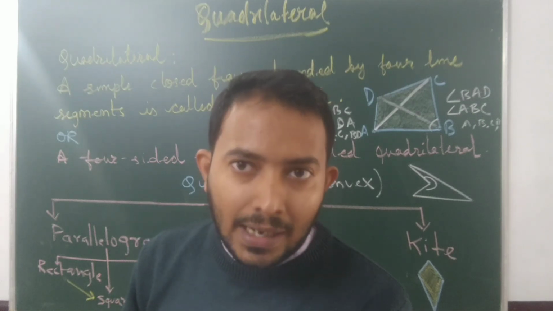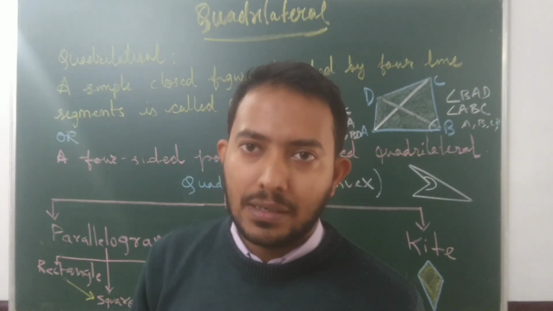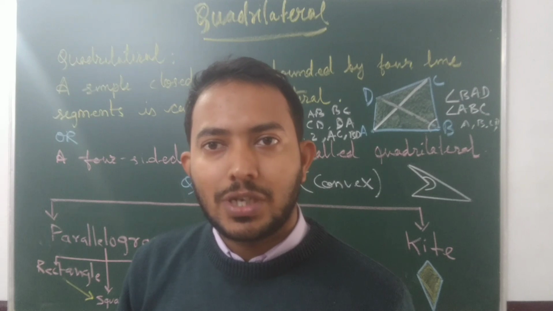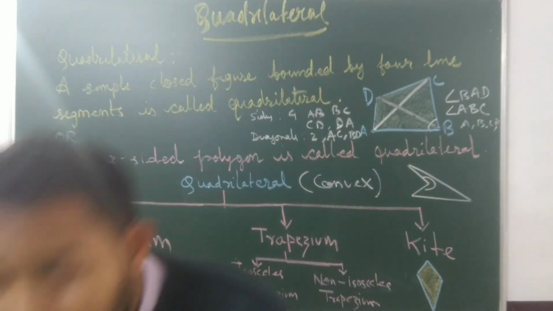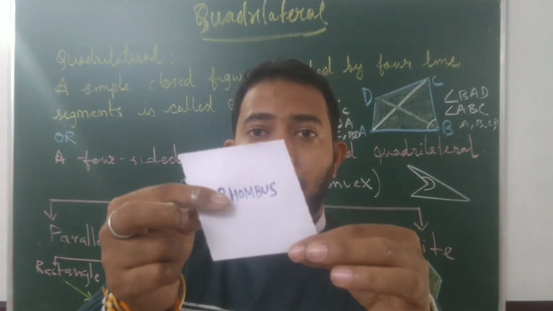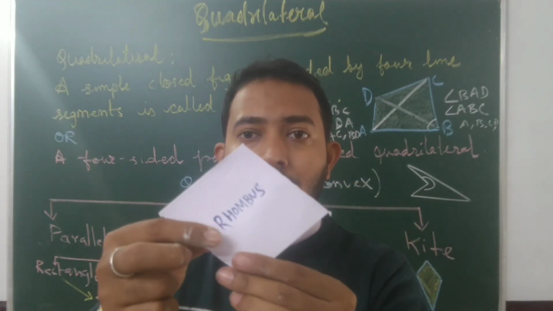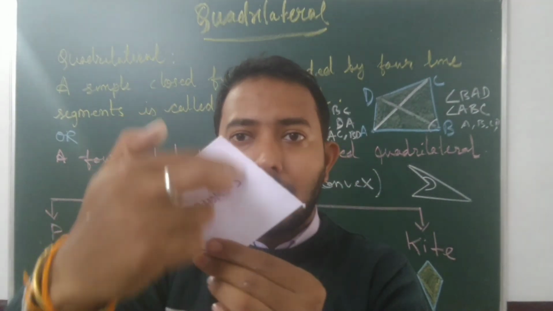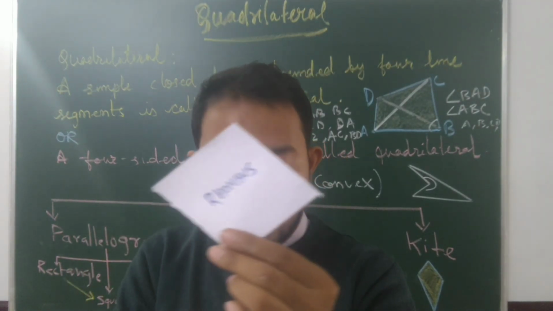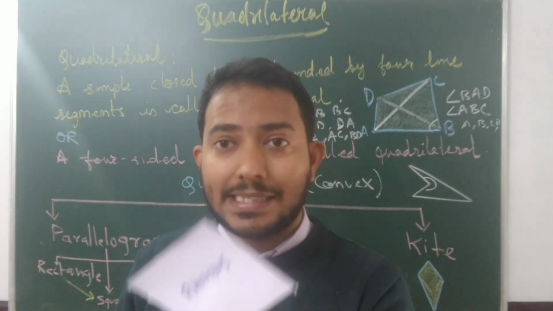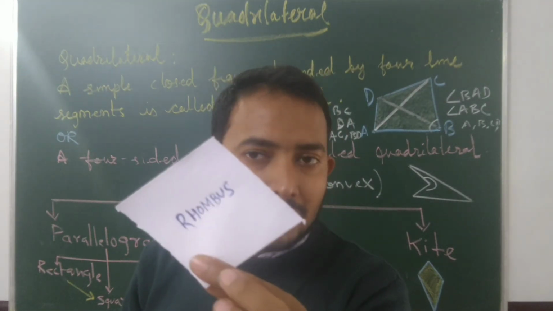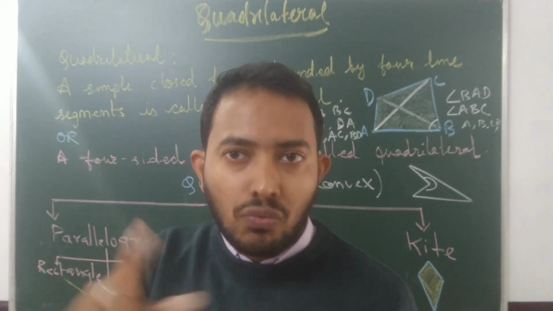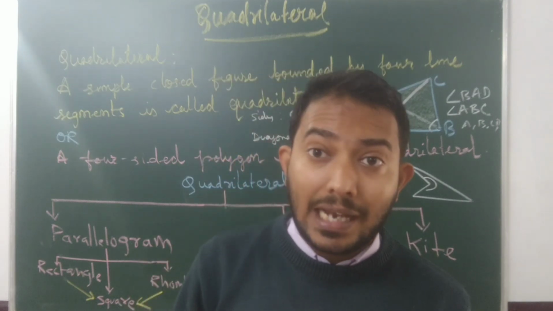That means a square is a special case of a rectangle, and a square is a special case of a rhombus also. The rhombus's special thing is that its diagonals are perpendicular to each other. Similarly, as we have seen for the kite, the diagonals are perpendicular to one another. In this one, diagonals are not equal, but in a square and a rectangle, diagonals are equal.